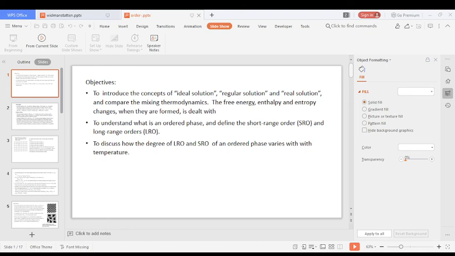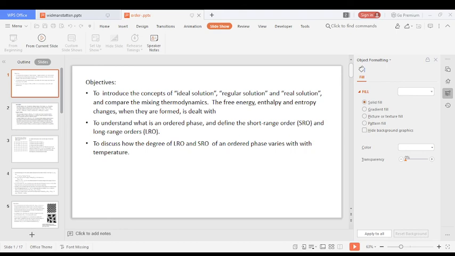Entropy doesn't make any contribution, so the only way to decrease the free energy is by reducing the enthalpy. Enthalpy is reduced when the atoms are perfectly arranged.